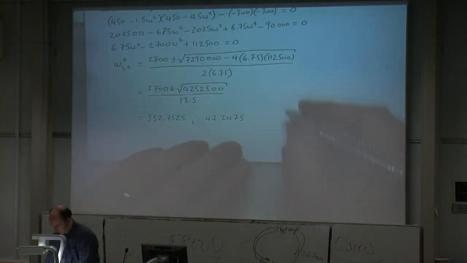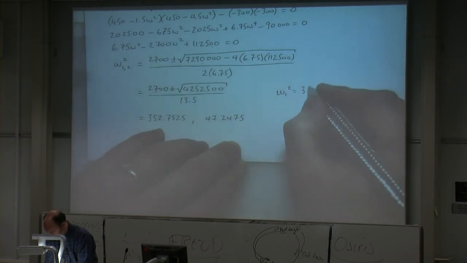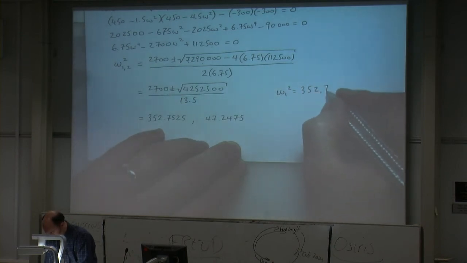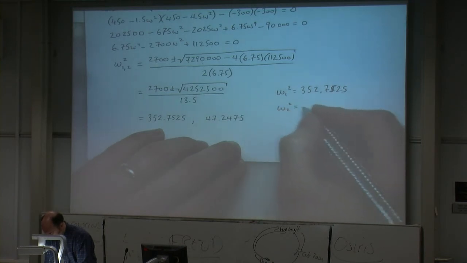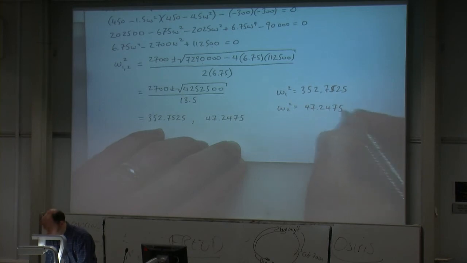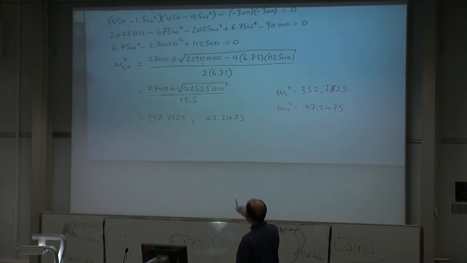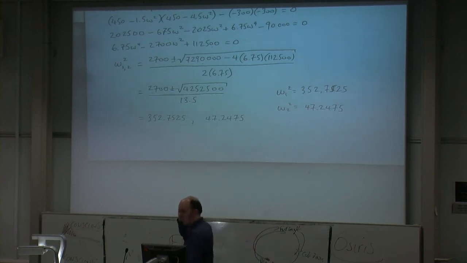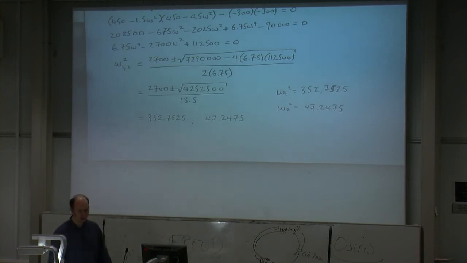So we're going to set omega 1 squared to be the first term, 352.7525, and omega 2 squared to be 47.2475. Now it doesn't matter in your solution whether you've chosen omega 1 to be the second number or the first number. Okay? Either will be perfectly valid.